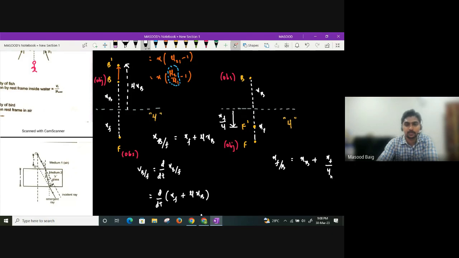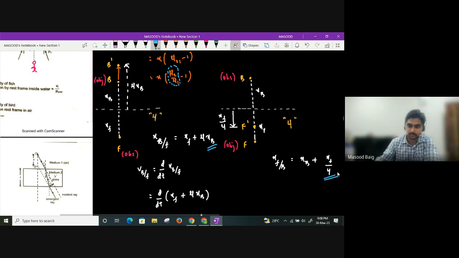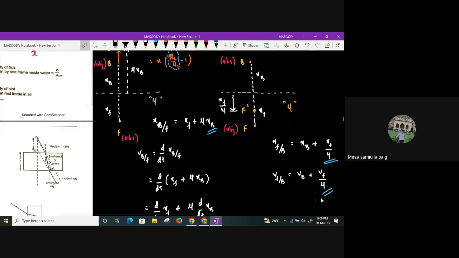Did you understand, guys? As simple as that. So if I want to find the speed, what will I do? I'll do differentiation. So I'll directly write the speed of the fish with respect to the bird will be the speed of the bird plus the speed of the fish divided by mu. Is that clear? So that is what is given over here.